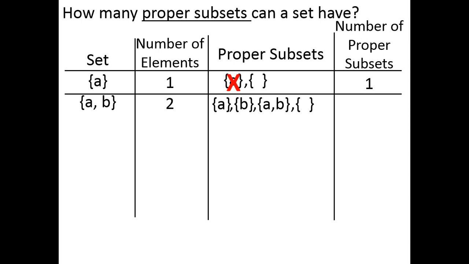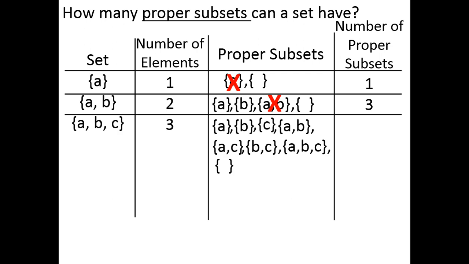A set with 2 elements would have 4 subsets, but since a proper subset can't equal the original set, it would have only 3 proper subsets. A set with 3 elements has 8 subsets, but for proper subsets I can't include the subset that is equal to the original set, so I would have 7 proper subsets.